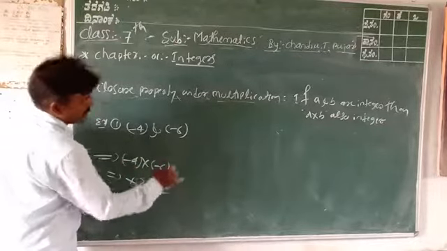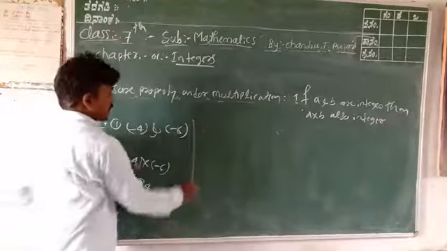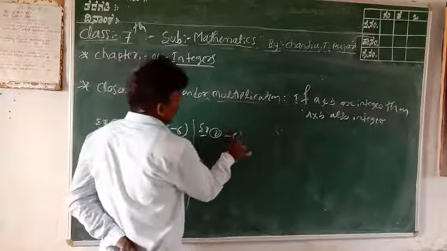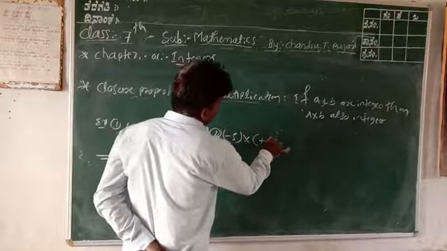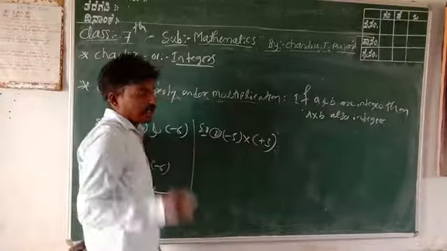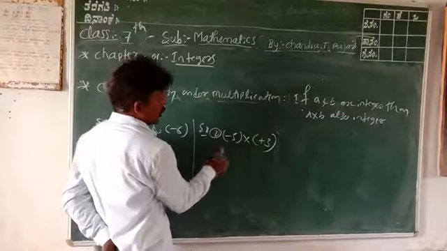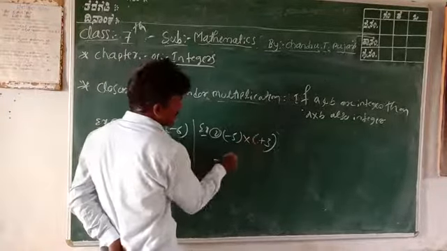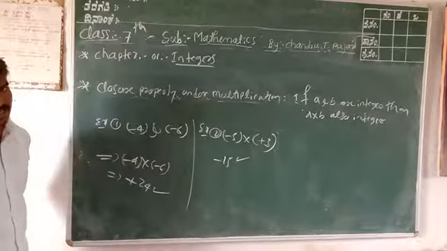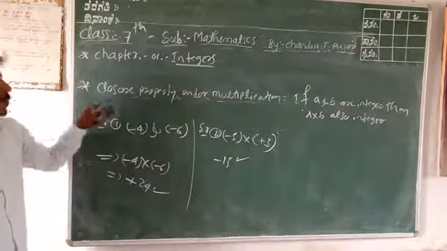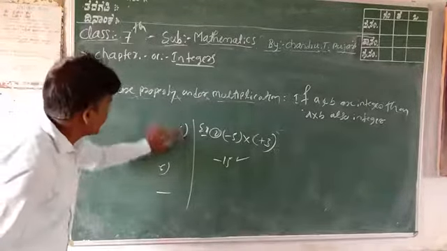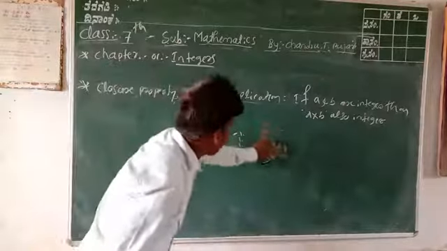Therefore, this is also an integer. Next, example 2: minus 5 into plus 3. These two are integers. Check closure: minus into plus is minus, 3 5s are 15. Minus 15 is also an integer. This is the closure property under multiplication.